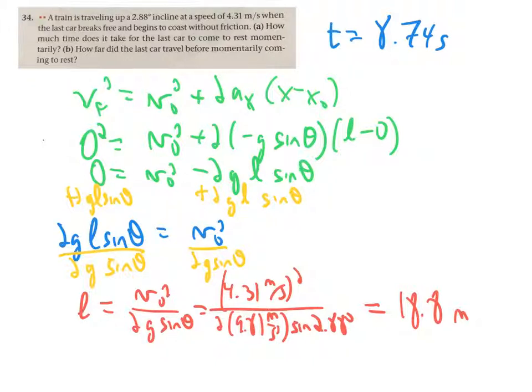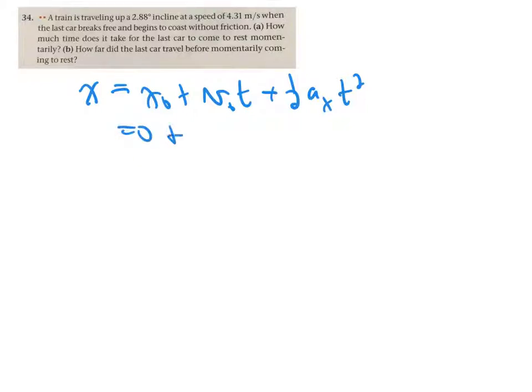And we're complete. I'm just going to solve this problem again from the other viewpoint, just to say that it doesn't really matter which way you go. The other route is to say, oh, it's constant acceleration motion. So we can say that the place you end up is where you start plus your initial velocity times the time plus 1/2 times the acceleration times the time squared. So for us, we start at 0, and then it's moving up at 4.31 meters per second, and the time was 8.74 seconds.